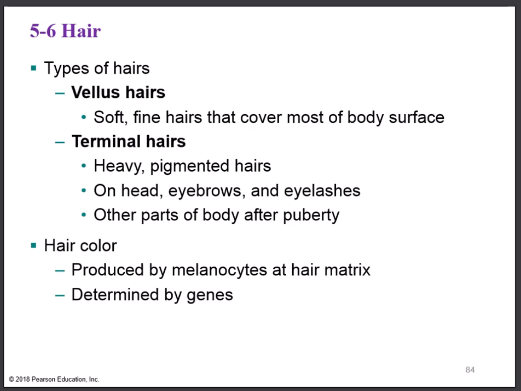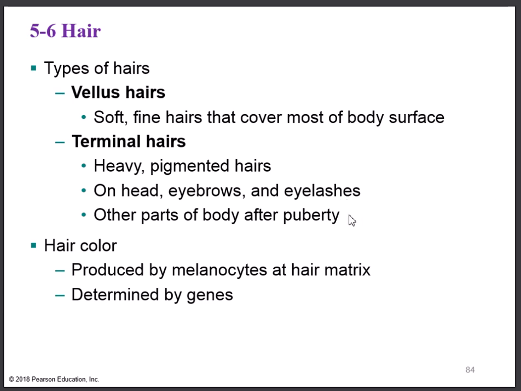Now, most of the hair on our body is a soft, finer hair, we call vellus hair. But other hair on our body is a little bit more heavy and pigmented. For instance, the hair on our scalp, the eyebrows, your eyelashes, and here we have parts of the body after puberty.